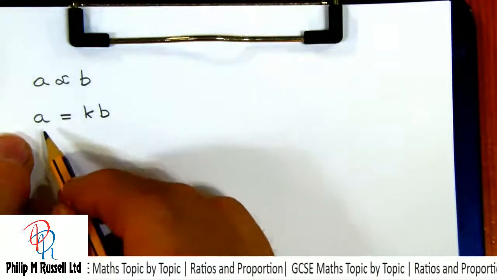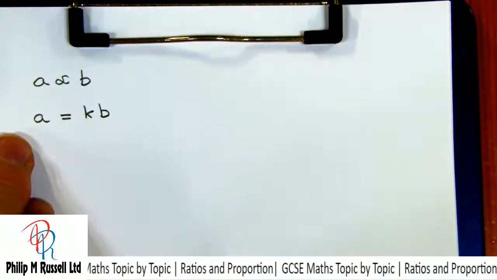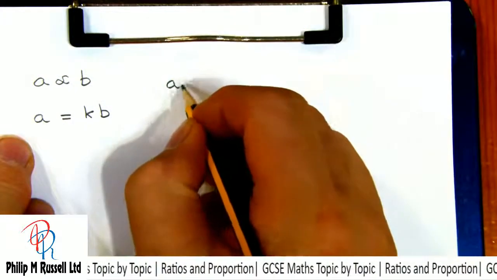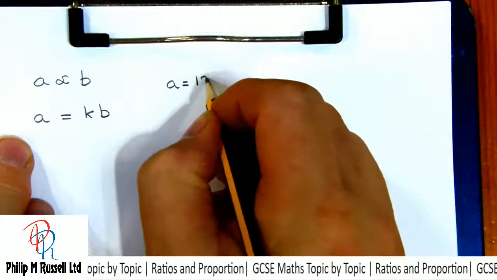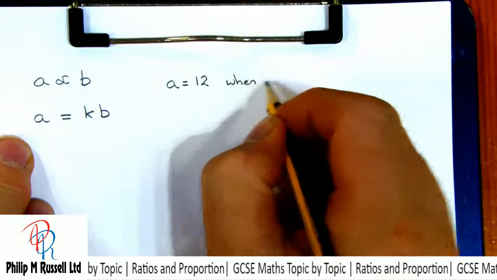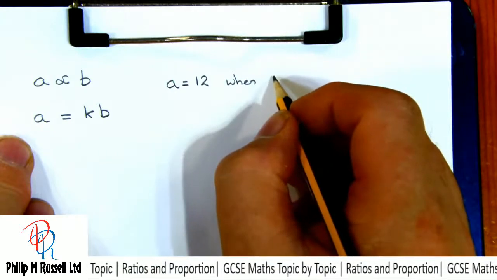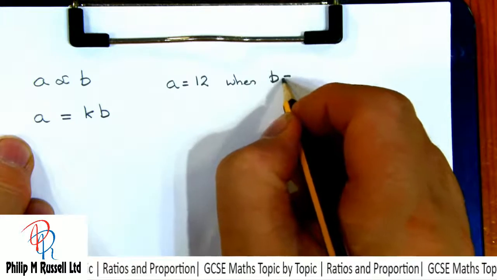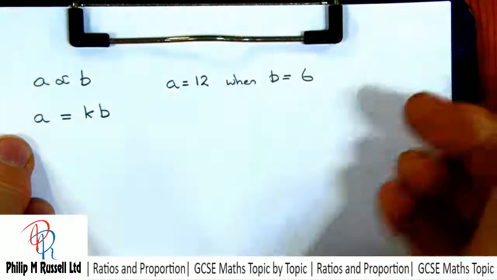Let's suppose we've got some sort of simple relationship here. Let's say that A equals 12 when B equals 6.